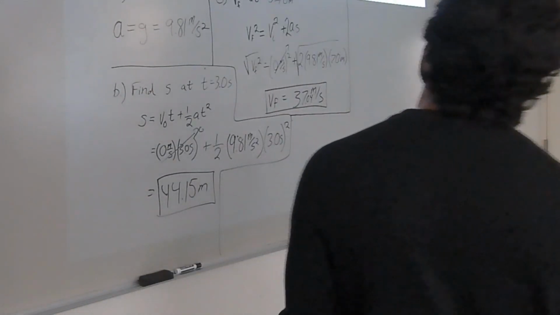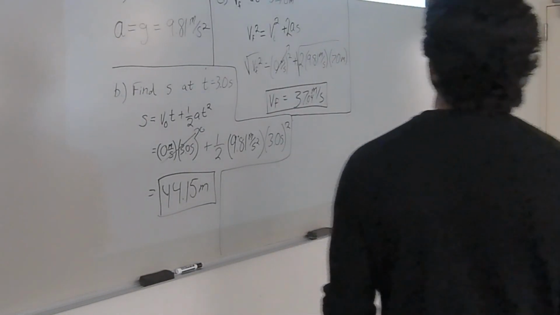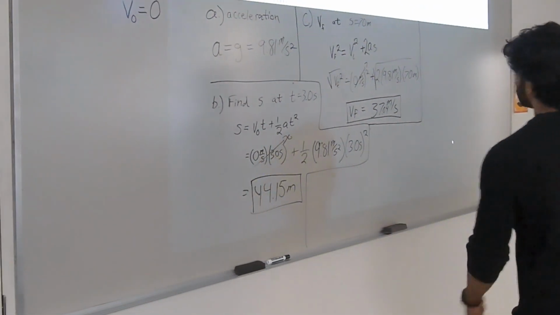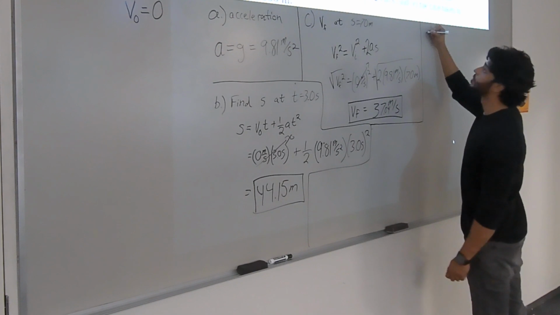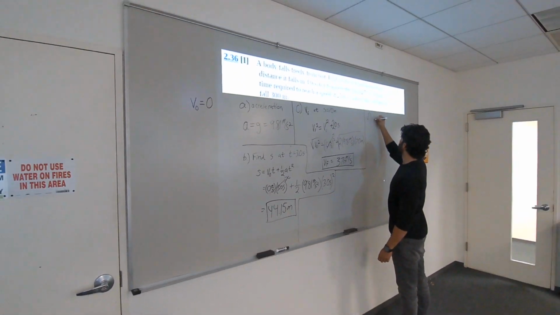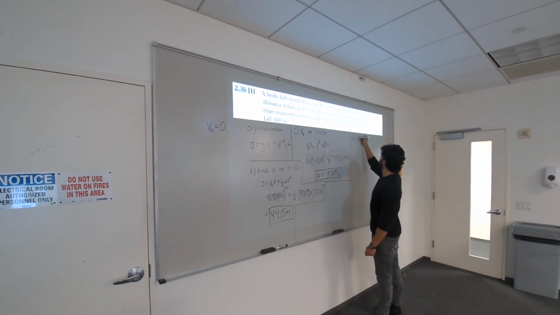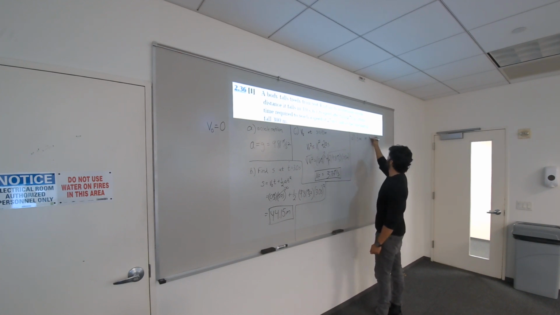Part D, we are looking for the time required to reach a final velocity of 25 meters per second. So we're looking for time at VF equals 25 meters per second.